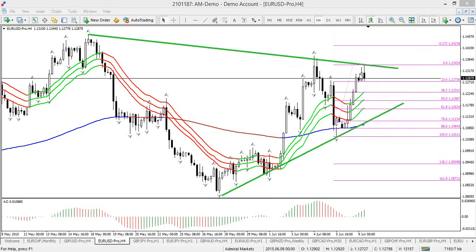If you're interested in a short, there are a few things you can look for. It's taking a short right now with the stop loss just above here, anticipating a bounce, just like that. If a trader waits for a candlestick confirmation, a break of that candle low, or a retracement of the candle are options as well.